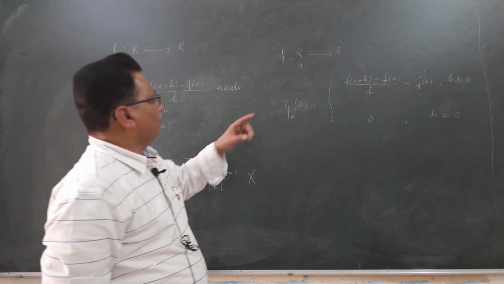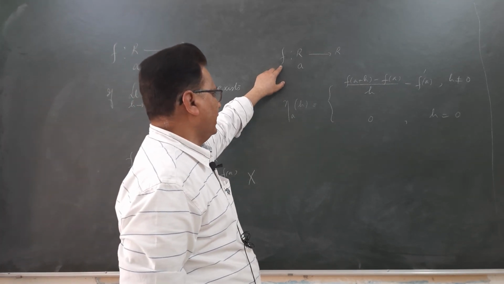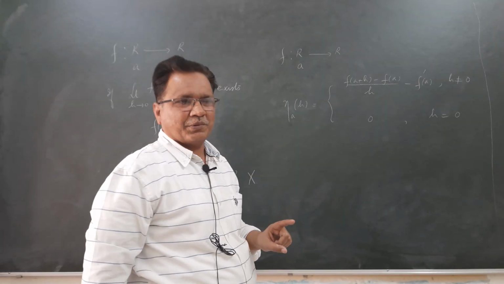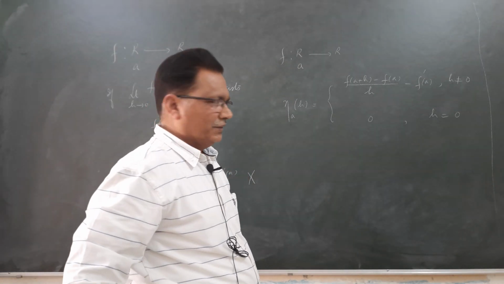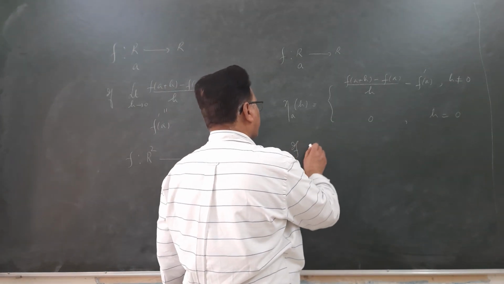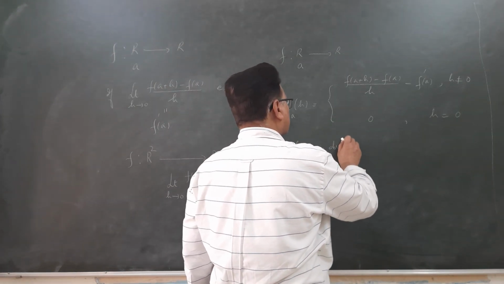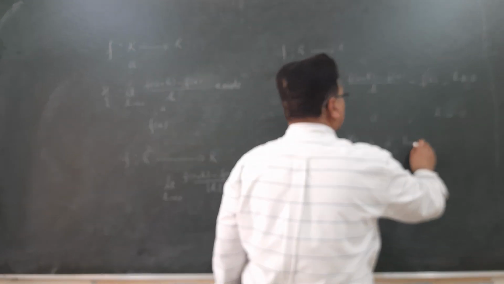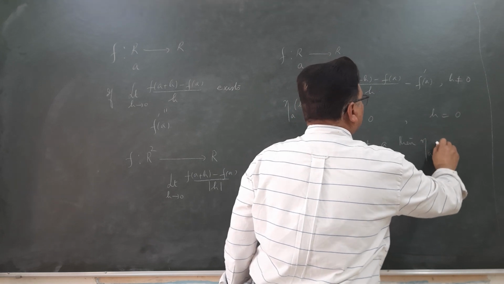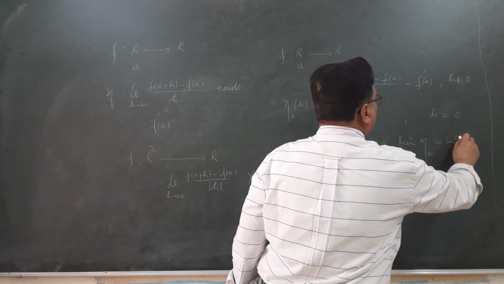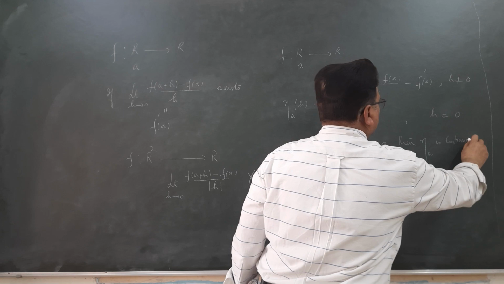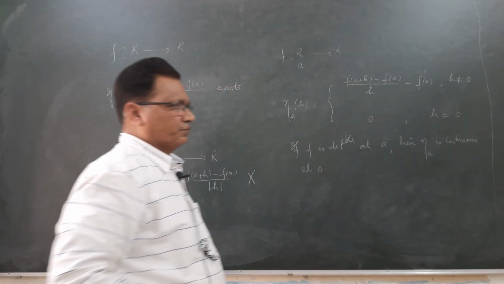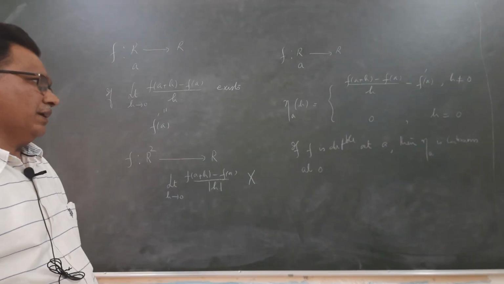Now look, whenever f is differentiable at a point A, this function eta A, you can notice, is continuous at the point 0. So if f is differentiable at A, then eta A is continuous at 0.